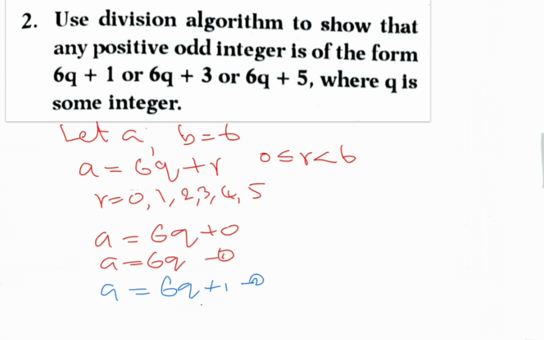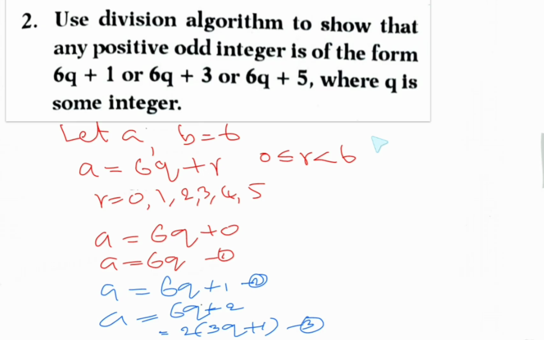This is number 2. And a is equal to 6q plus 2, that is 2 into 3q plus 1. This is number 3.